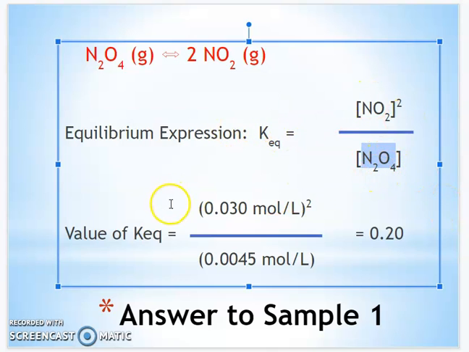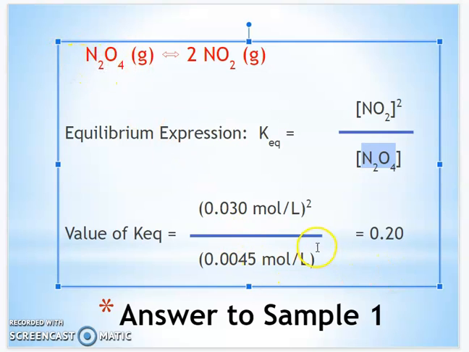When you solve this problem, though, is where you're going to start filling in numbers for that. So if we recall from the previous slide, this 0.030 moles per liter, or molarity, that was the concentration of NO2 at equilibrium. And if you want to switch back to the previous slide, you can see that. So again, that's raised to the power of 2, just like in my equilibrium expression. 0.0045 moles per liter molarity, that was the concentration of my reactant at equilibrium, or my dinitrogen tetroxide.